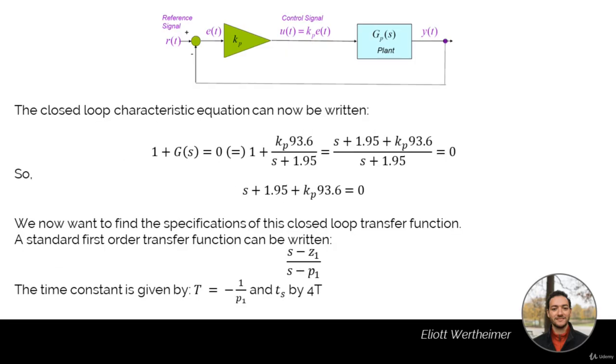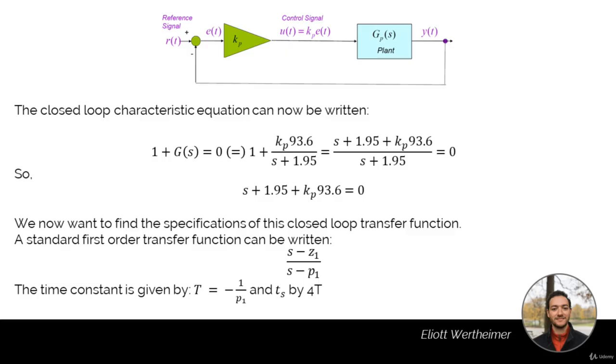We now need to determine the closed loop characteristic equation of the system. We know that the closed loop transfer function of the system E(s) over R(s), so essentially the transfer function between the error and the input, is equal to 1 over 1 plus G(s), G(s) being the open loop transfer function of the system.